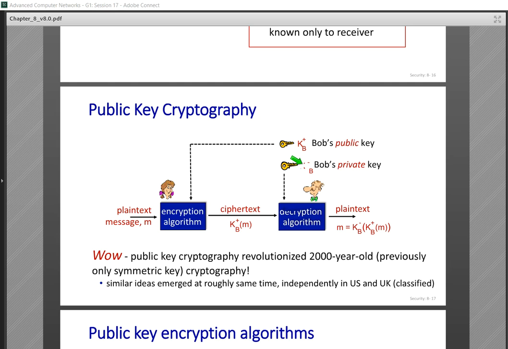So Bob tries to decrypt the arrived ciphertext with his private key.